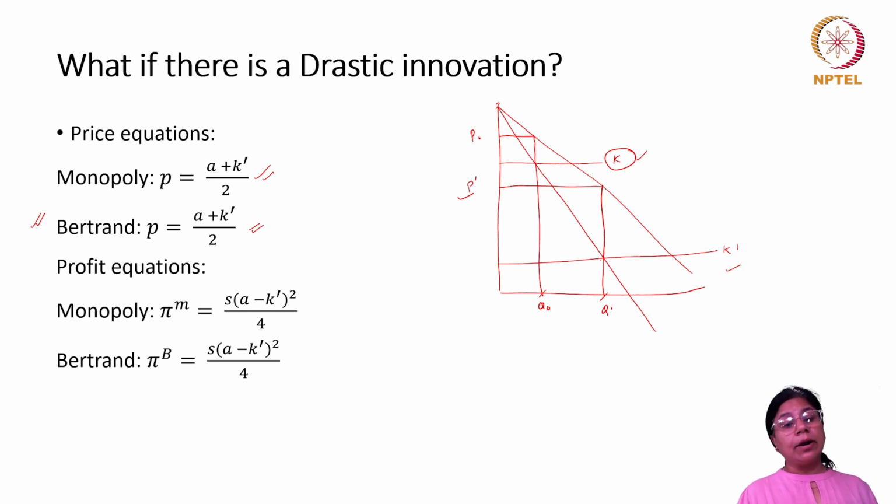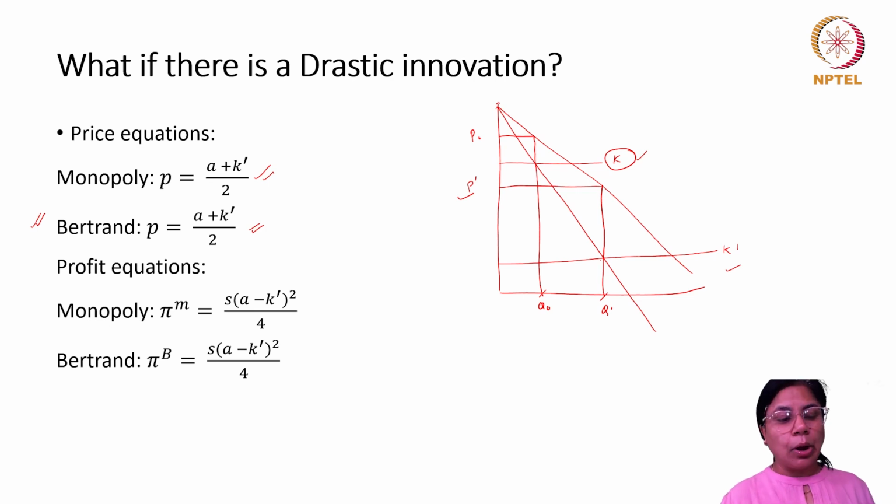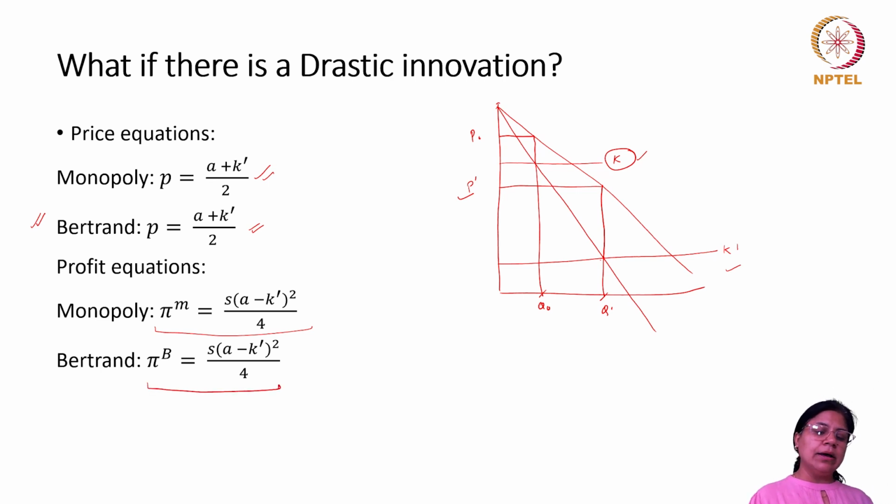Now we have seen that in case of a non-drastic innovation, the monopolist's new profit was eating into its existing profit. Clearly, if the same circumstance arises with respect to drastic innovation, that also is once again eating into the existing profit of the monopolist. But from a Bertrand point of view, no such loss happens. As a result, the profit for the monopolist under K prime would be S into (A minus K prime) whole square by 4, and that of the Bertrand competitor will also be the same.